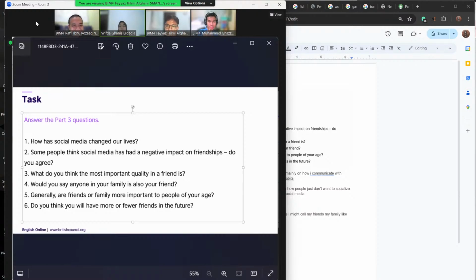What do you think the most important quality in a friend is? In my opinion, probably we're going to share the same opinion. The quality that I search for in a friend is, first, loyalty, because as we all know, there are a lot of fake friends out there. Probably in your class too. And the second one is a friend that is supportive.